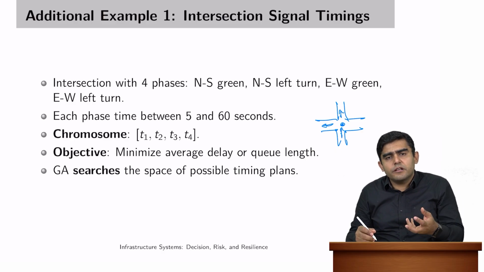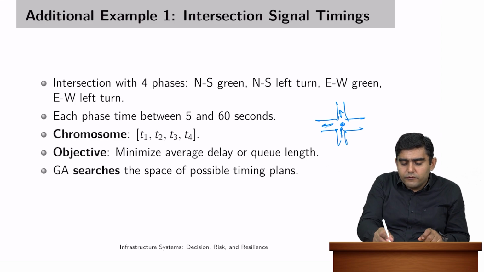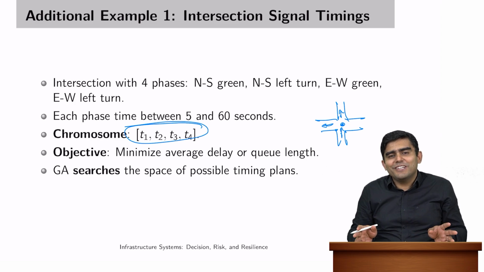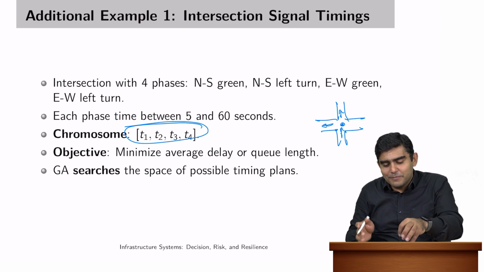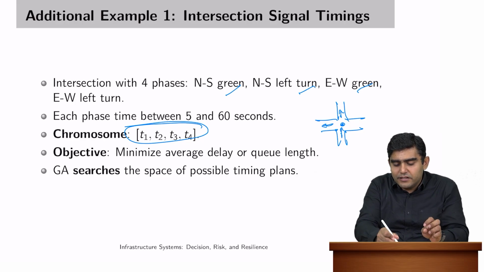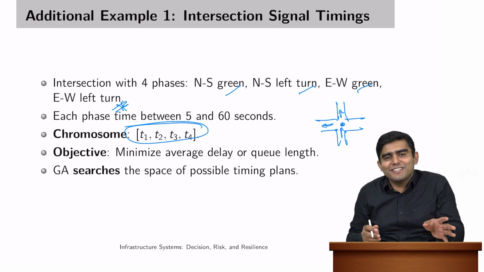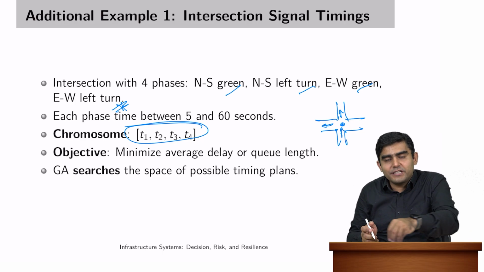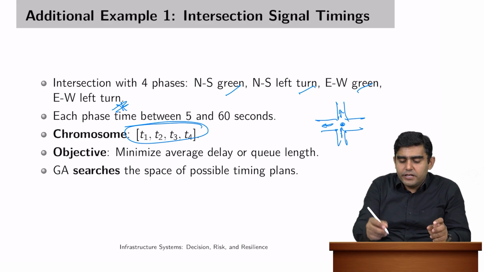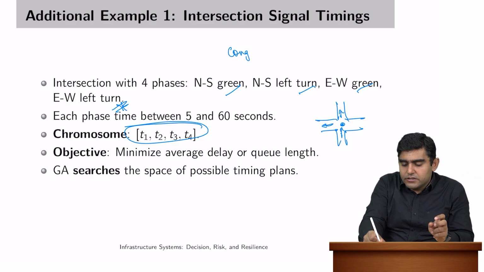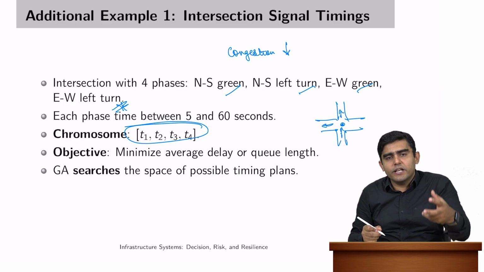So this becomes a transportation problem. All of them, as you can see, are strongly coupled with each other. These colors of signal are guided by a transportation engineer or traffic engineer, but timing has to be decided optimally so that congestion is minimized or queue lengths are minimal.